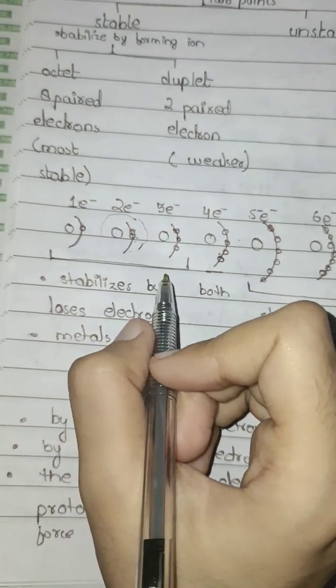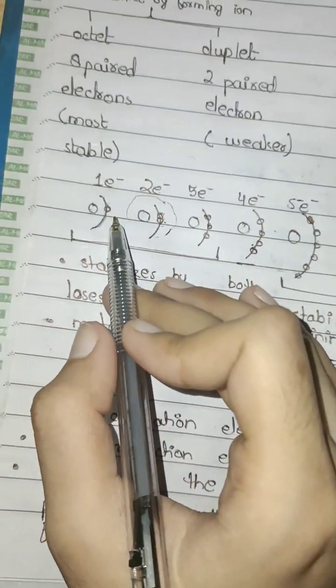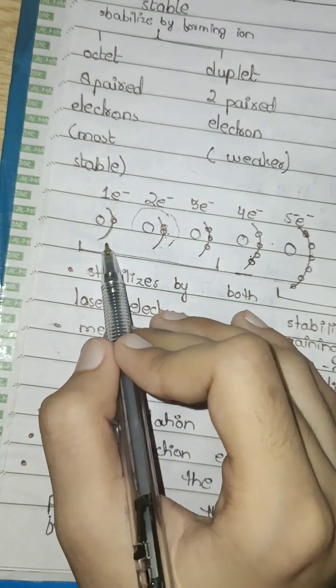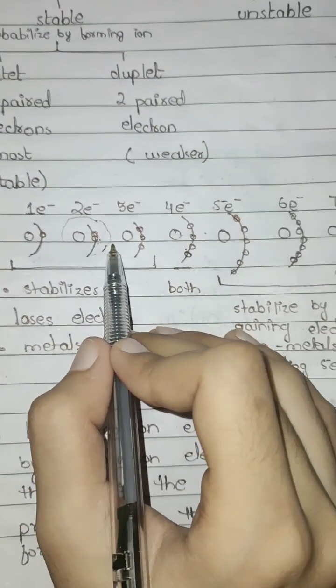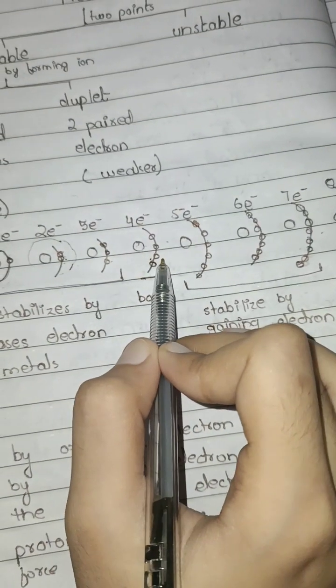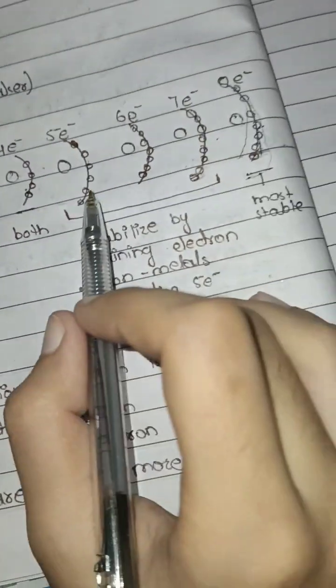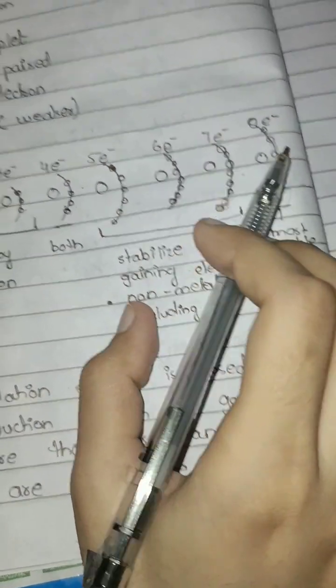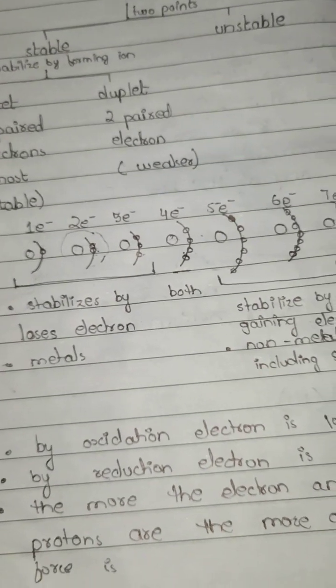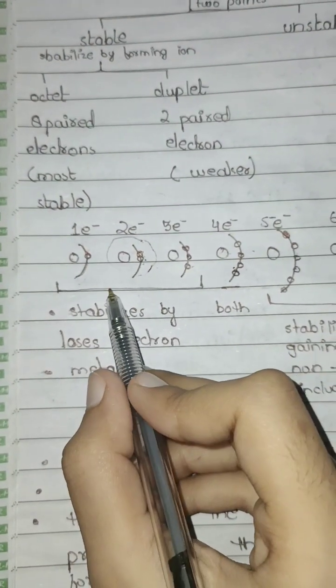Why do I draw these figures? Suppose an atom has 1, 2, 3 and 4 electrons in the valence orbit, and 5, 6, 7 and 8 electrons in an orbit.